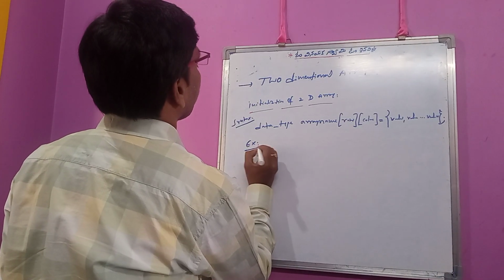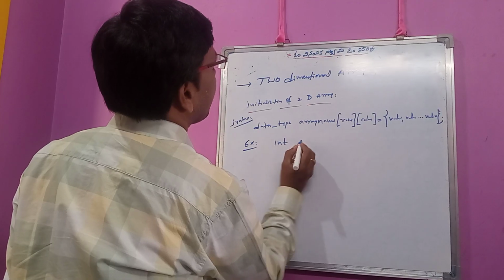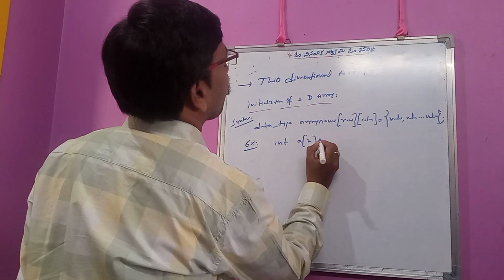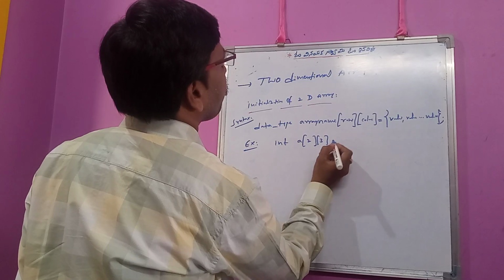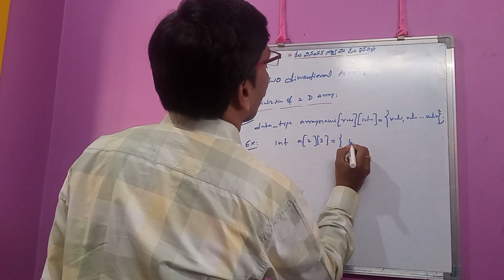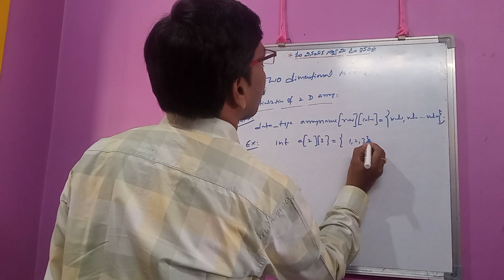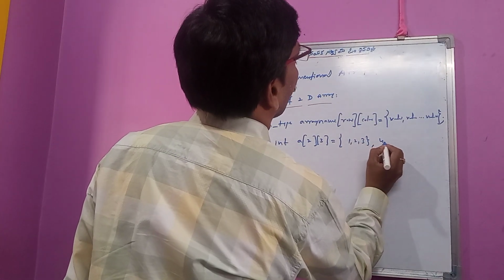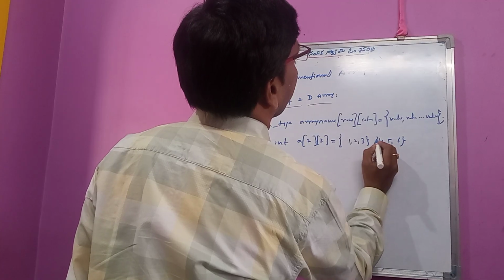Example, array name A, here you can see the two-dimension, row, column 3 equal, flower bracket, 1, 2, 3, 4, 5, 6.